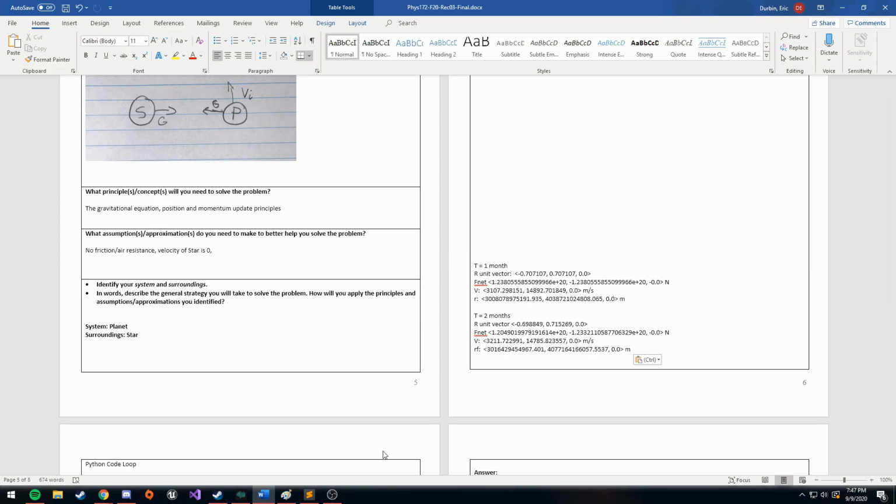Wait, Elizabeth, what do you get? I got 3.43 times 10 to the 32nd. Are we sure? I got something different from her too. The F net should not change all that much from the previous F net. So if we're getting double or triple what we got previously, something went wrong. Yeah, that's what I'm thinking.